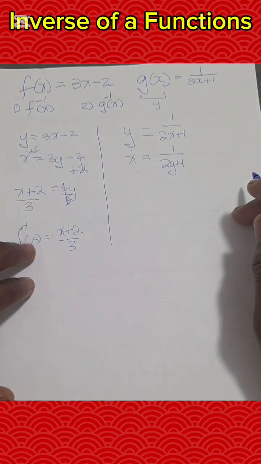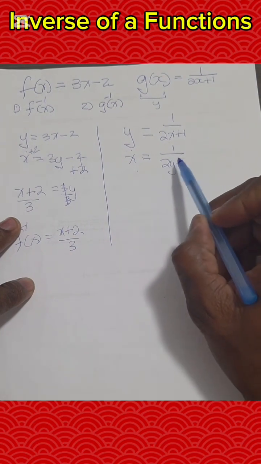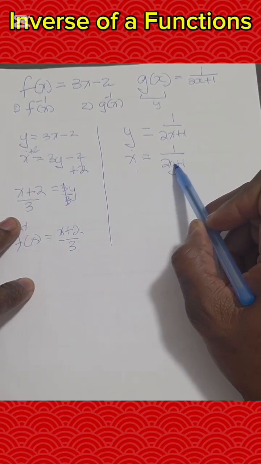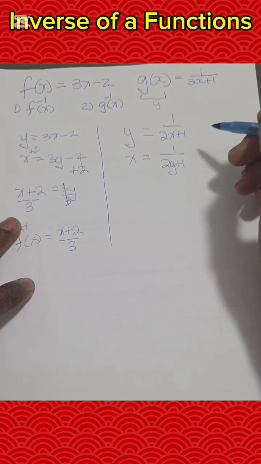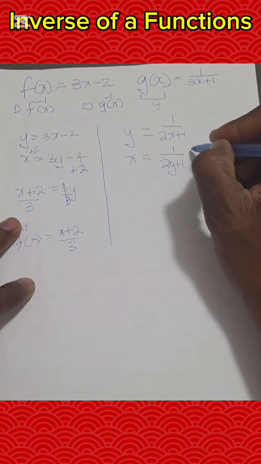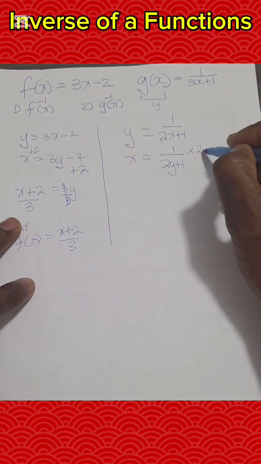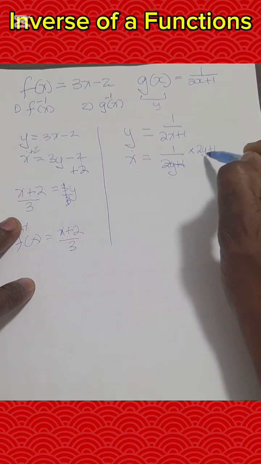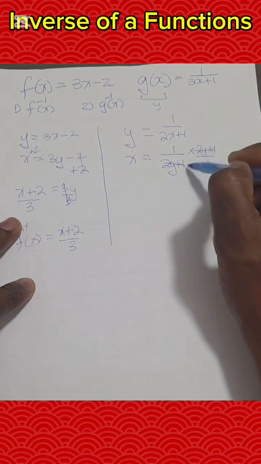Then we're going to transpose to make y the subject. The term with the y is at the bottom here, at the denominator, it's 2y plus 1. So we're going to multiply the right side by 2y plus 1. And as you could see, it's going to cancel into itself one time.